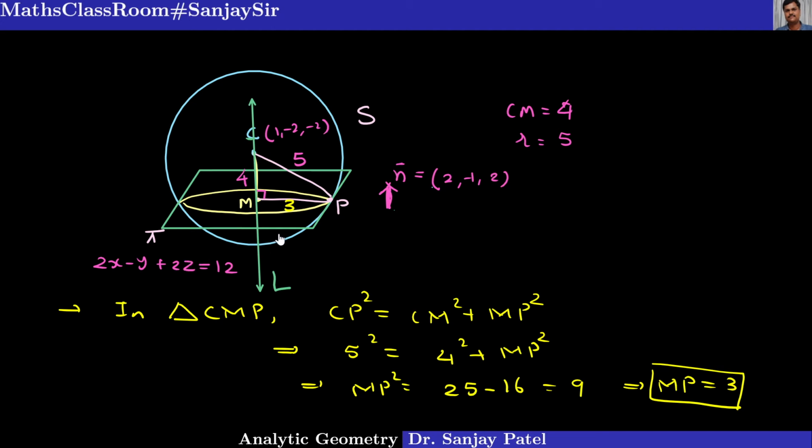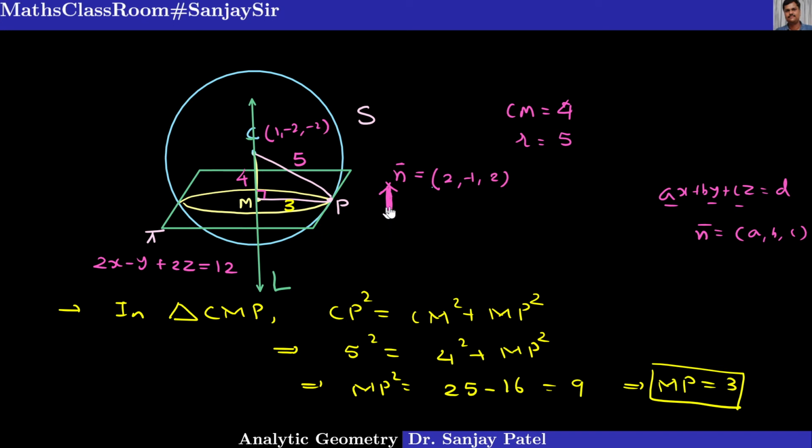Okay. You know that for the equation ax plus by plus cz is equal to d, these a, b and c values give the direction of the normal, and this line L is perpendicular to the plane. So the direction of the line L is also the same as the direction of this normal vector. Okay.